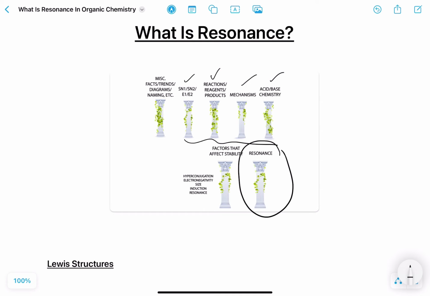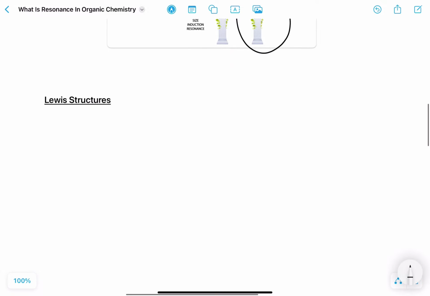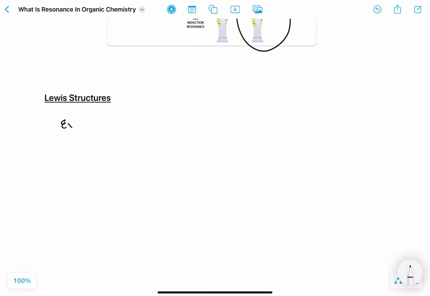Now, in order to understand resonance, we need to start out at Lewis structures. So we've already done Lewis structures in the past, but I'm going to go ahead and give you an example where we can start off. The example that we have here today is going to be CH3CO2 minus. Now, we go through and look at the valence electrons of each of these atoms. And so we have 4 valence electrons for carbon, 1 valence electron for hydrogens.